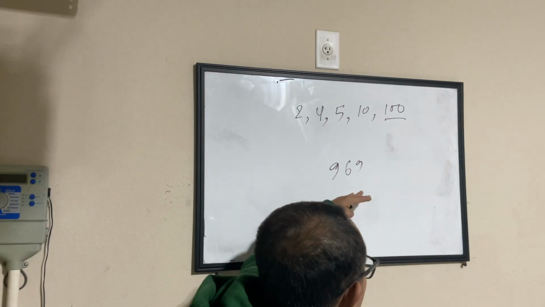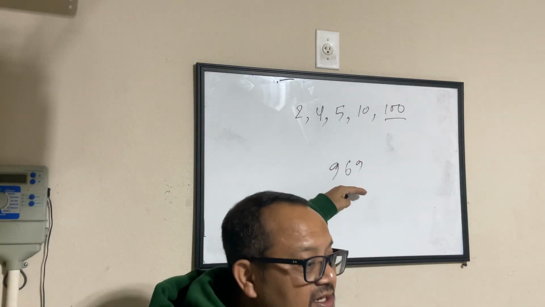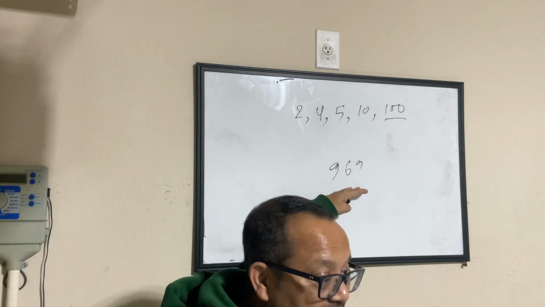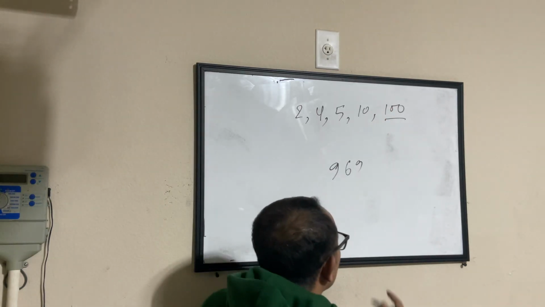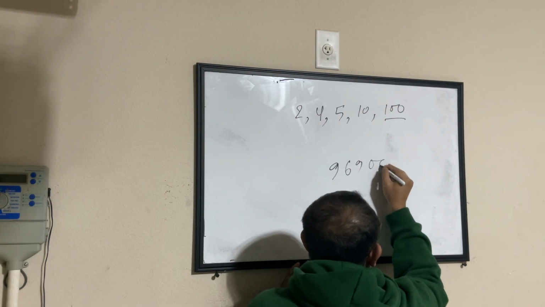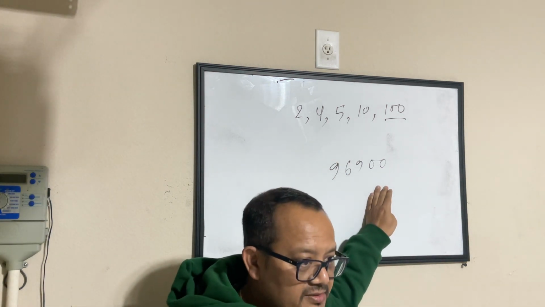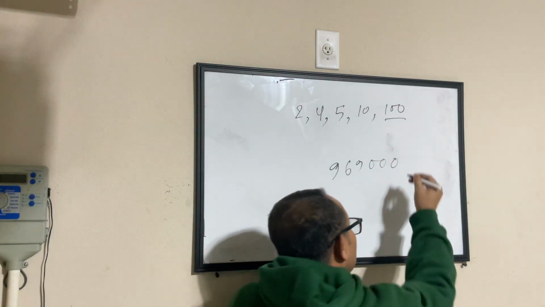So I was asking, can I divide this number by 100? The answer is no, because this will not give you a perfect result. It will give you a remainder. Now, for dividing anything by 100, you need to have at least 2 zeros at the end. If you have 3, that is still okay. If you have 4, no problem.